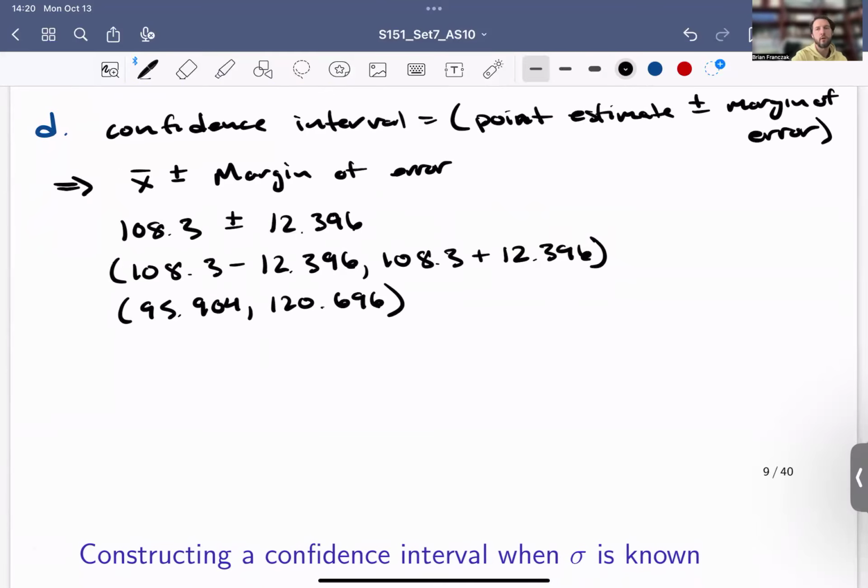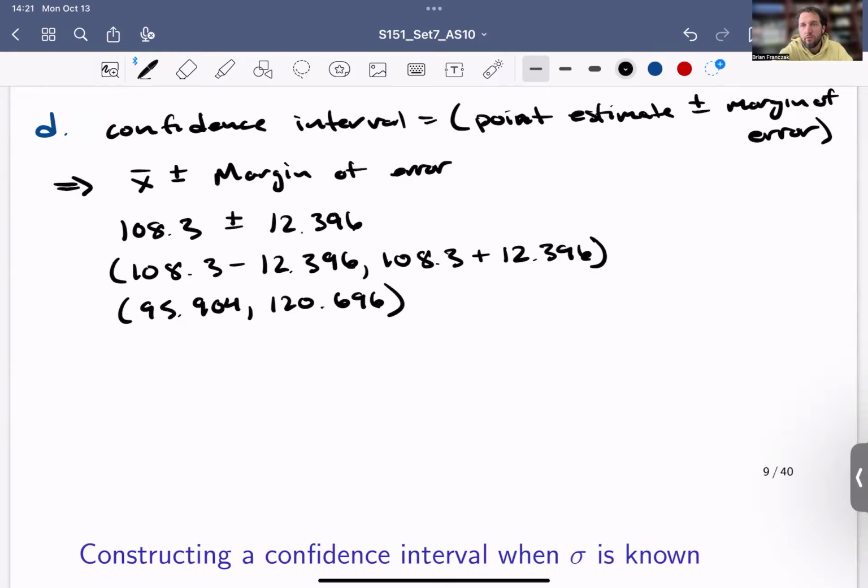So remember, the stock interpretation is that we are some percentage confident that the population mean is between the lower bound and the upper bound. So in this question, our population mean represents the population competency score of all first-year university students. And we constructed a 95% confidence interval. This is what the question stated. And once again, confidence level is always going to be stated.